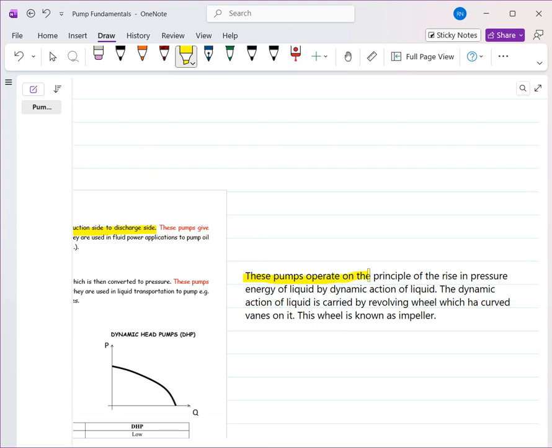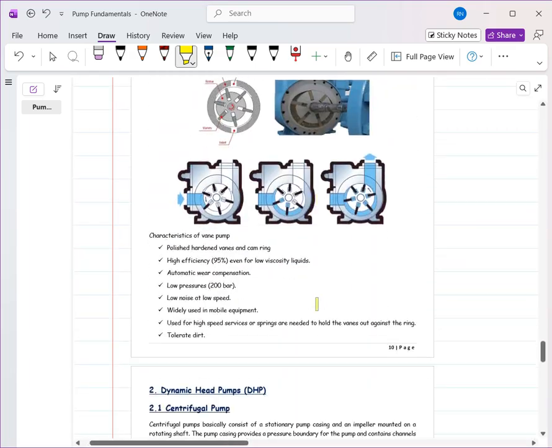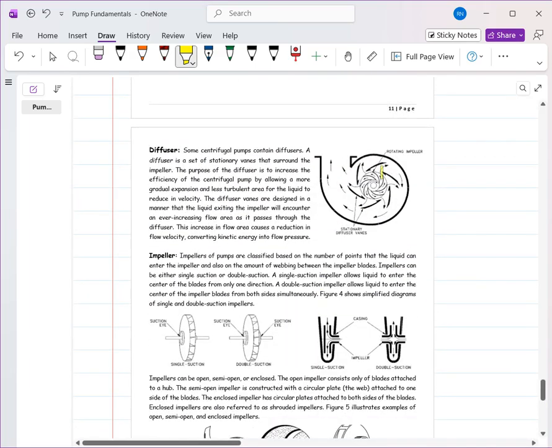The pumps operate on the principle of a rise in pressure energy of a liquid by dynamic action. The dynamic action of liquid is carried by a revolving wheel which has curved vanes on it. The wheel is known as the impeller. Now, this is the rotating impeller. This can cause a radial flow direction to the fluid.